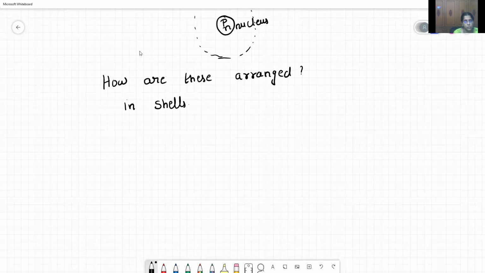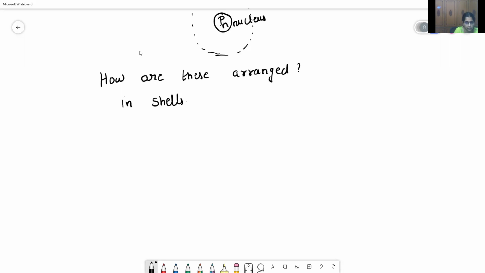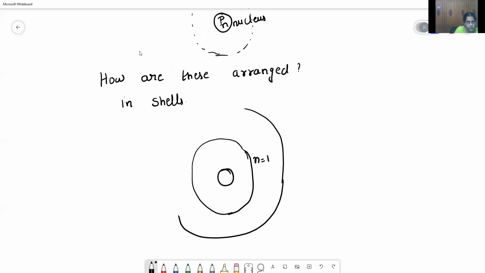So we have a nucleus here, and around it there are shells. This is the first shell, which is the closest to the nucleus, called n equal to 1. Then we have another shell, the second shell, called n equal to 2.